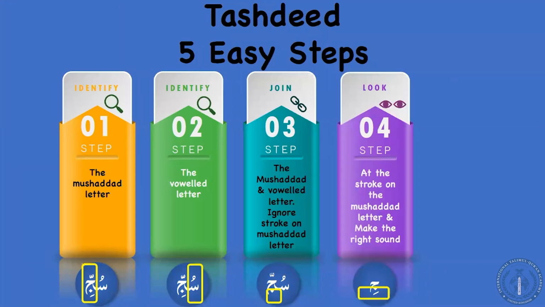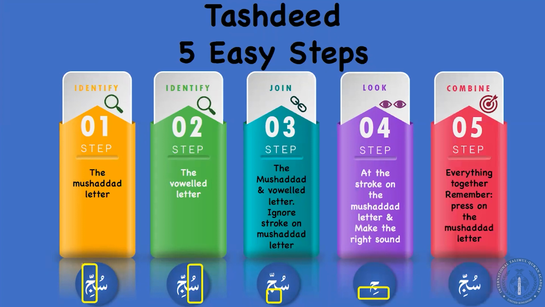So next, look at the stroke on the mushaddad letter and make the right sound. Well, the jim has a tashdid, obviously, and it also has a kasra underneath it. So we also need to make that sound. And once I've recognized all of these things, I can simply combine everything and make the whole sound.